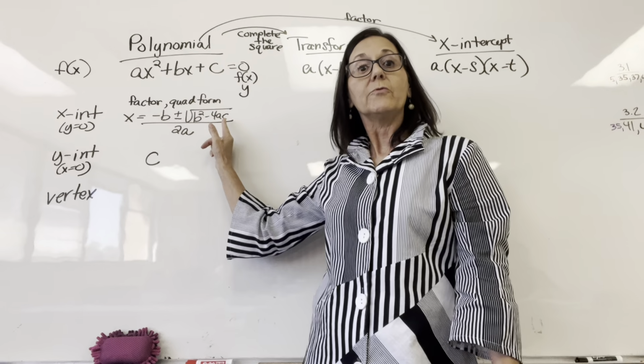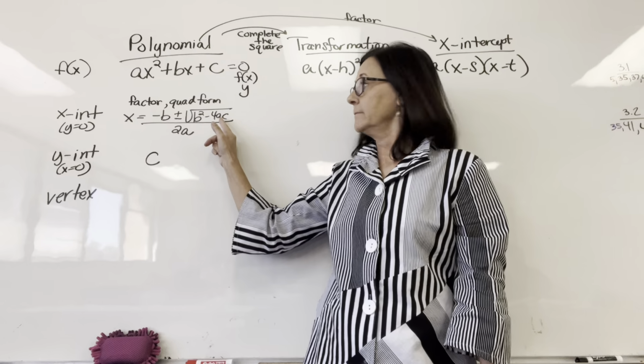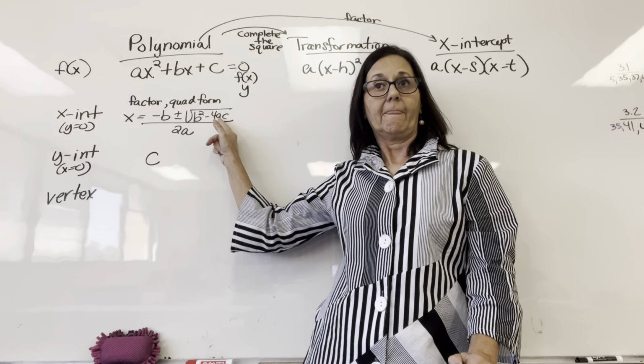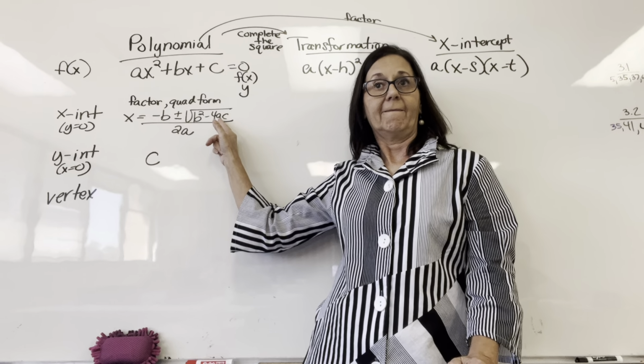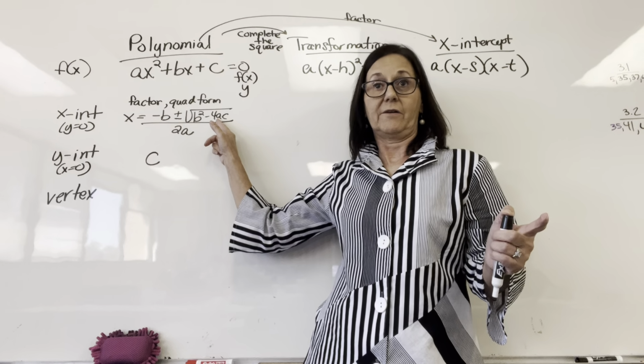What's under the radical is the discriminant. I think we've already talked about this, right? What does the discriminant tell me? How many and what types of x-intercepts or solutions there are.